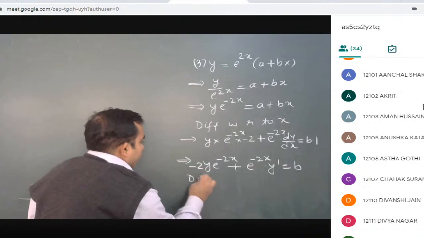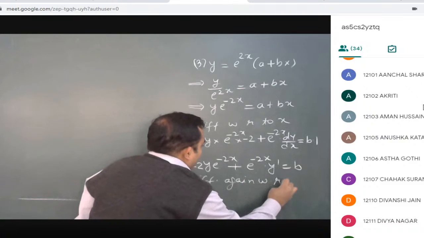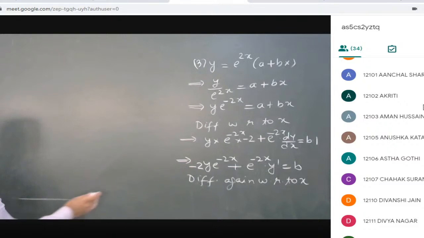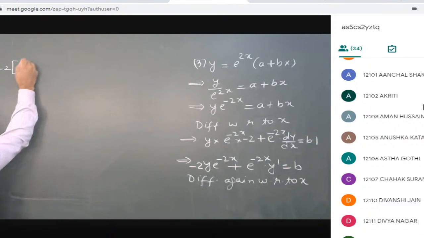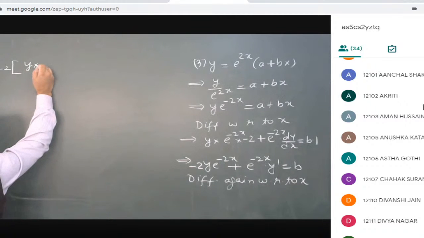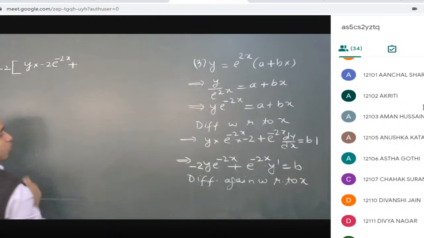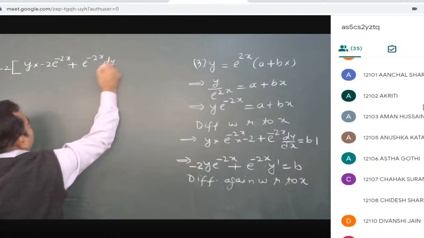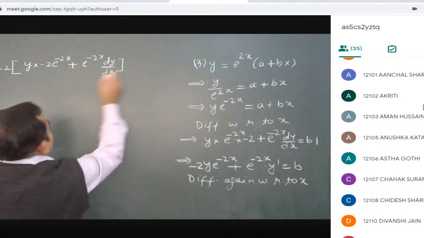Now differentiating again with respect to x. So if I differentiate again with respect to x, this will become minus 2 के बाद bracket y as it is, e to power minus 2x differentiation is minus 2 e to power minus 2x plus e to power minus 2x as it is into y differentiation is dy upon dx plus here also I will need product rule.